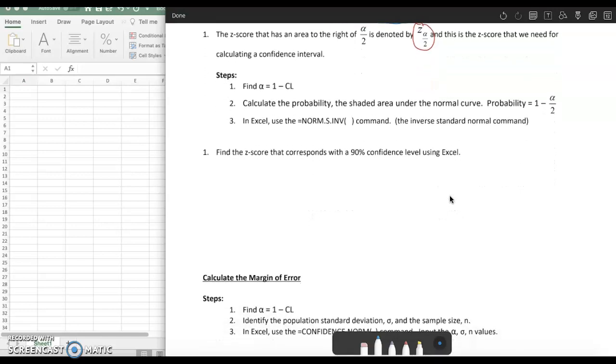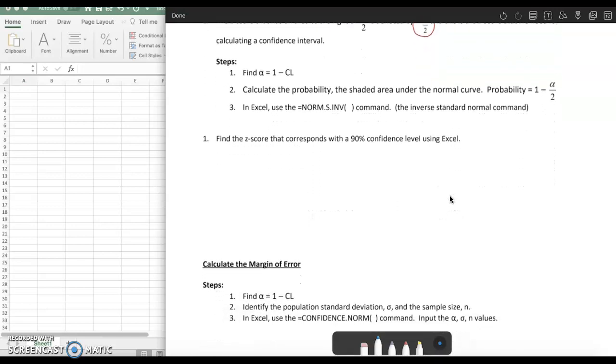Let's find the z-score that corresponds with a 90% confidence level using Excel. So there are a couple calculations we can do first before hopping to Excel. One is that we need to find that alpha value. Again, alpha equals 1 minus the confidence level. So in this case, 1 minus 0.90, because the 90% is our confidence level.